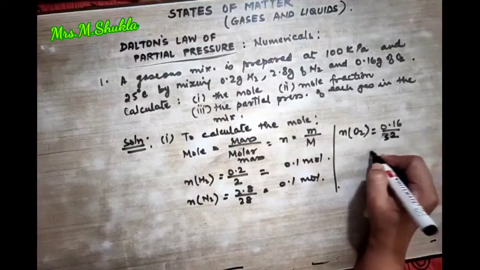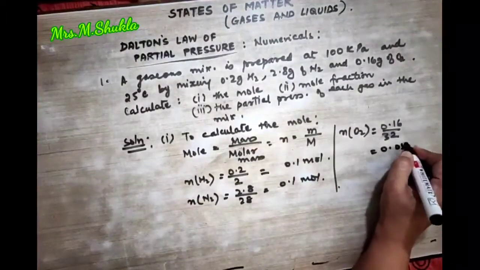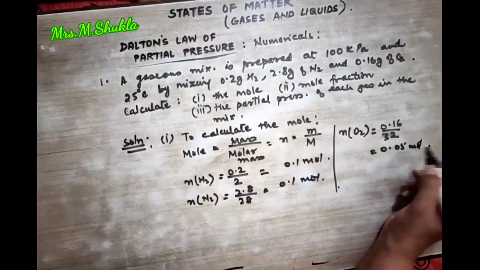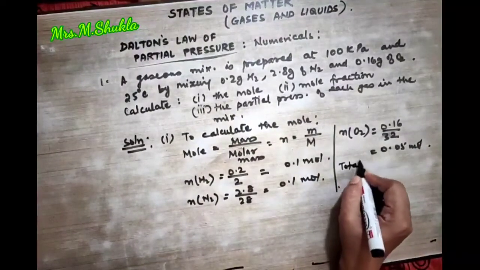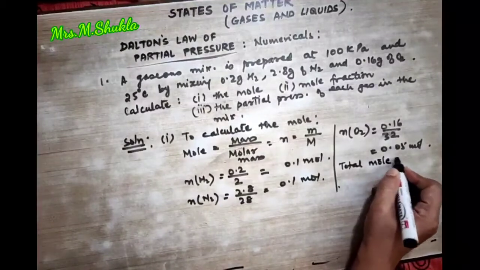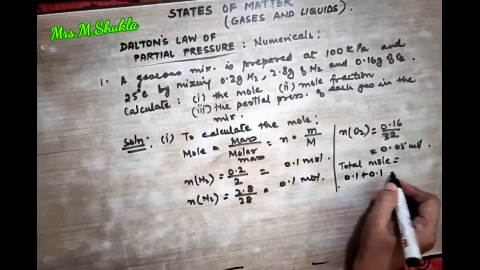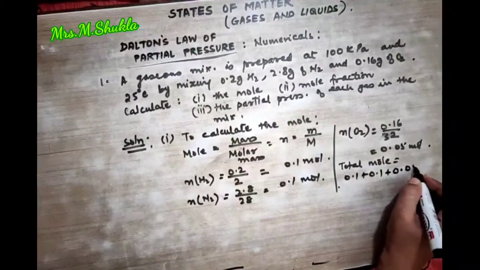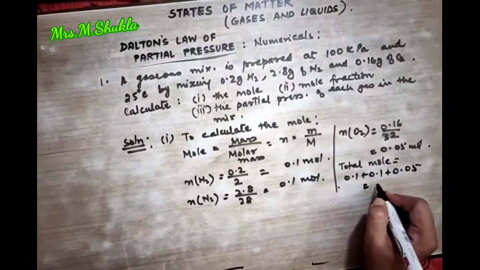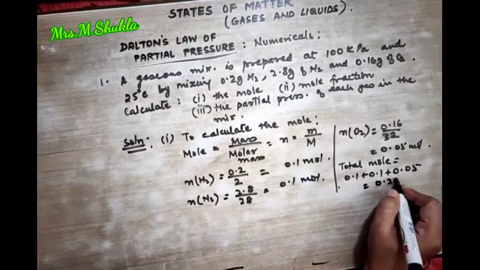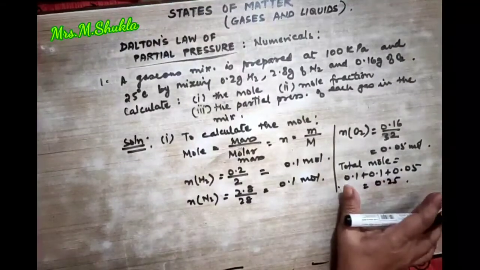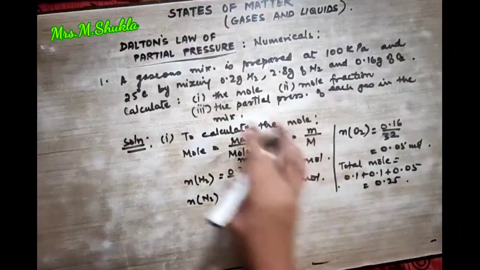So this gives you 0.05 moles, right? So what is the total mole then? Total mole will be equal to 0.1 plus 0.1 plus 0.05, which is equal to 0.25. Got it? So this is the total mole that you have obtained.